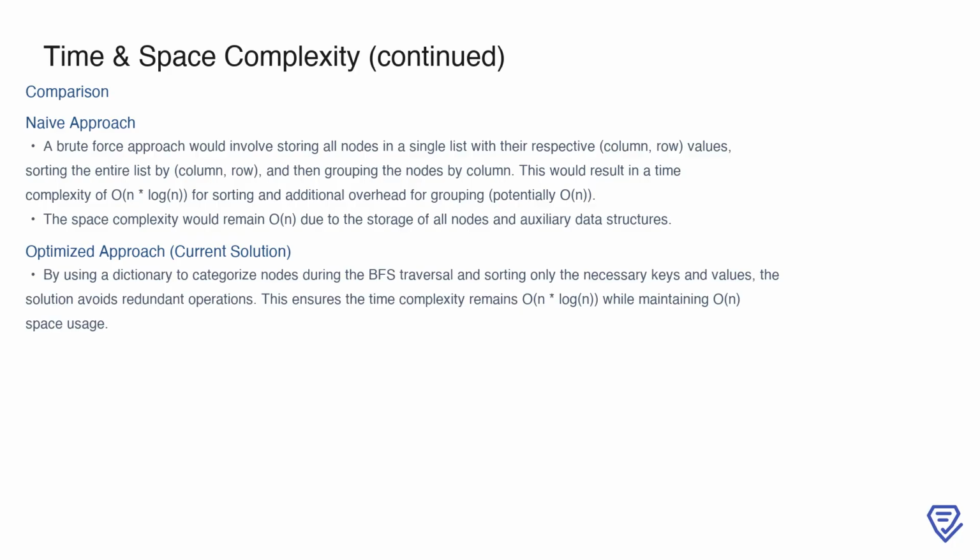The optimized approach, by contrast, leverages a dictionary to categorize nodes during the BFS traversal. By sorting only the necessary keys and associated values, it avoids redundant operations while maintaining the same time complexity of n*log n and space complexity of n. This makes the optimized approach both efficient and streamlined.